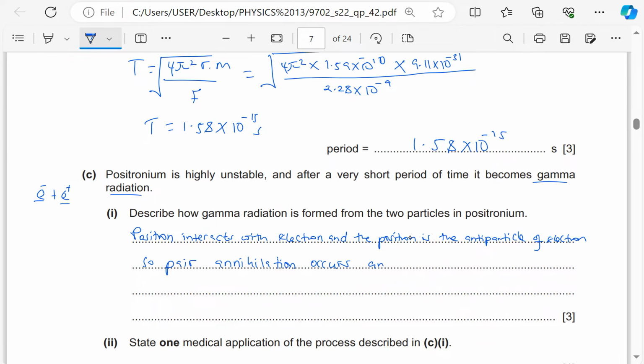Pair annihilation occurs, and the mass of the electron and positron is converted into energy in the form of gamma photons.